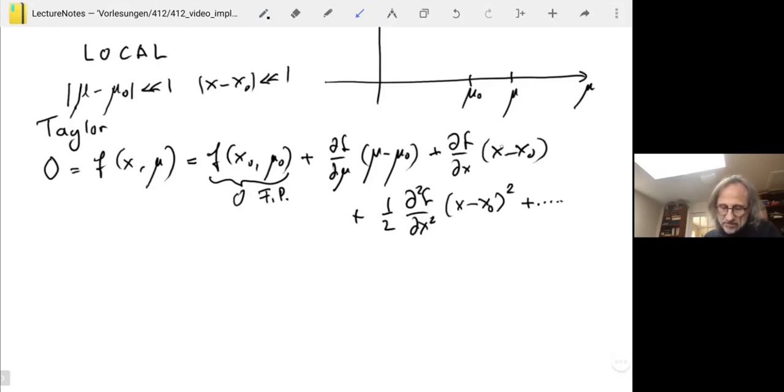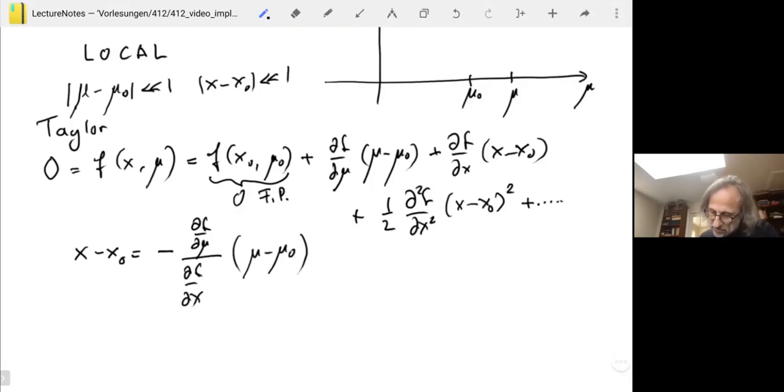So we get x minus x naught is equal to, f itself disappears because of the fixed point condition, minus df by d mu times mu minus mu naught divided by df by dx.